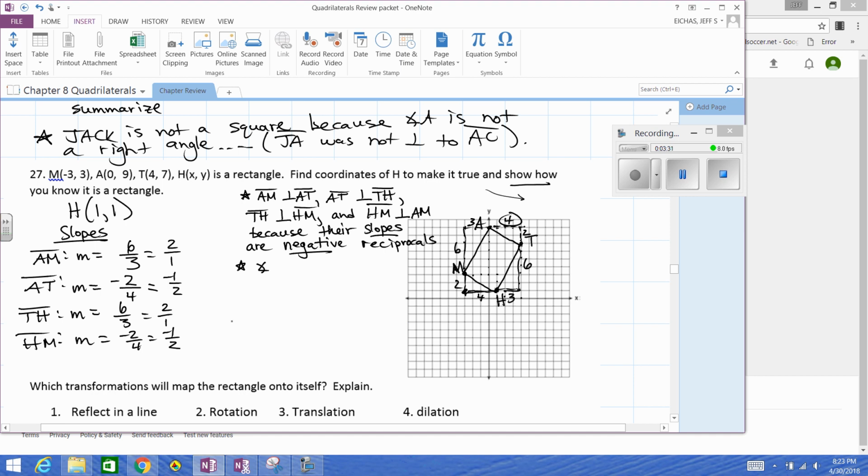Now, angle M, angle A, angle T, and angle H are right angles, because perpendicular segments form right angles.